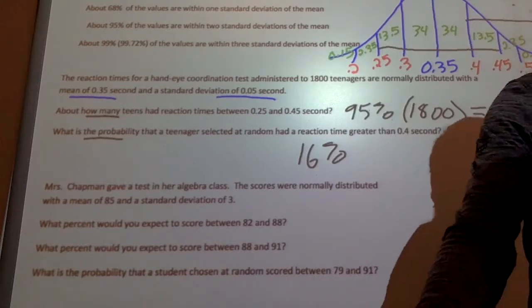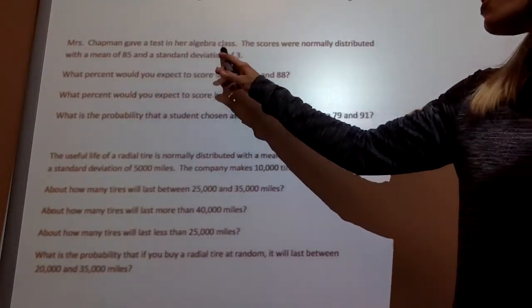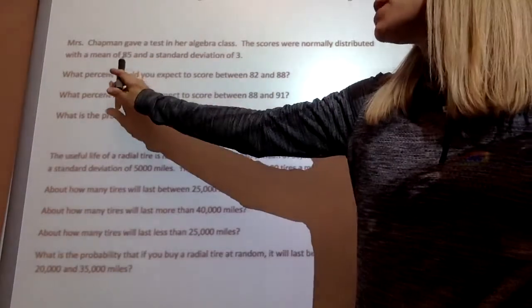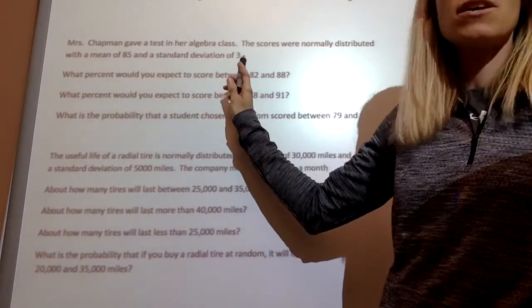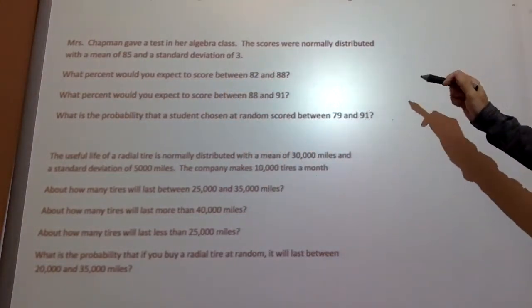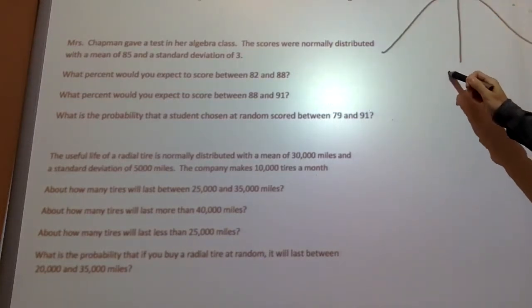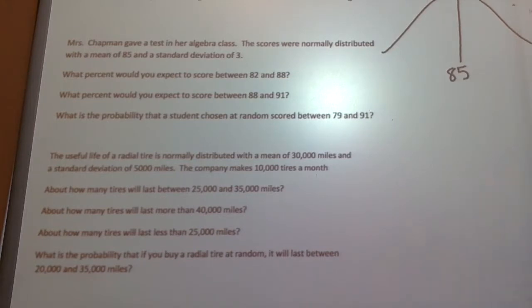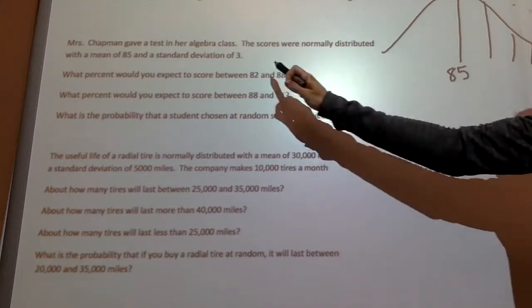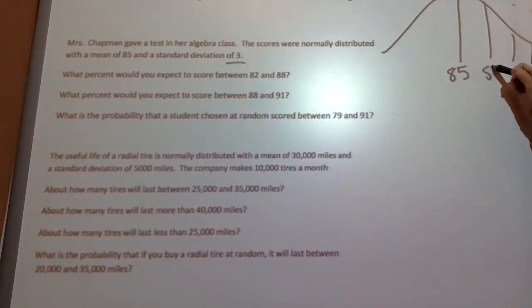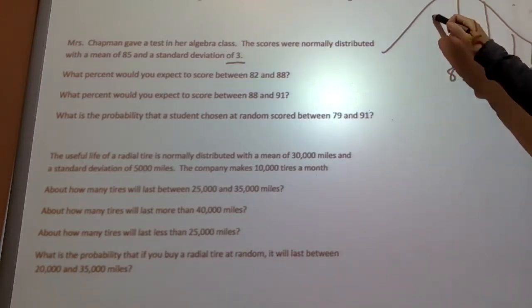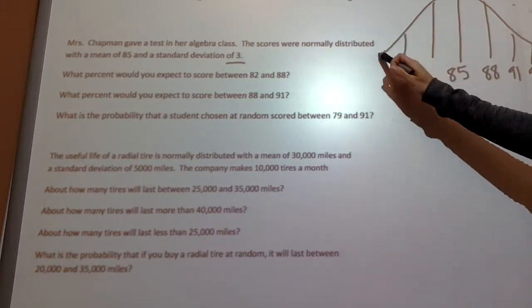Try another example. So Ms. Chapman gave a test in her algebra class. The scores were normally distributed with a mean of 85 and a standard deviation of 3. So again, we're going to set up the normal curve here. The middle value is always the mean, 85, and we're going to count by standard deviations. So 85 plus 3, 88, 88 plus 3, and 91 plus 3. And then I go left, I'm going to subtract 3 standard deviations.